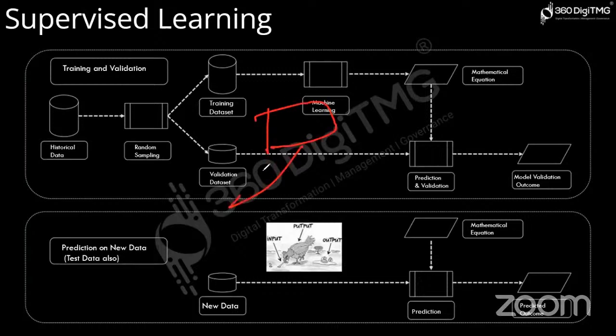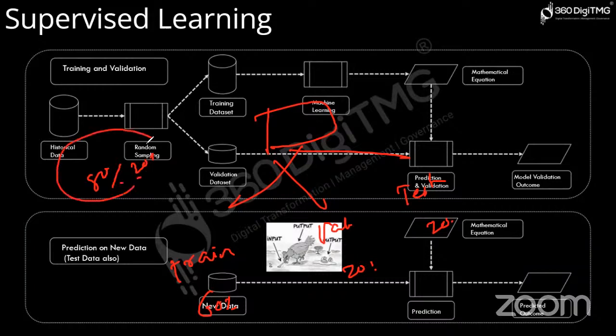The same data frame we will split into train, validation, and test. Normally we'll take 60%, 20%, and 20%. And when you are just training and testing, the training data will be 80%. It is not compulsory; this is not a thumb rule.